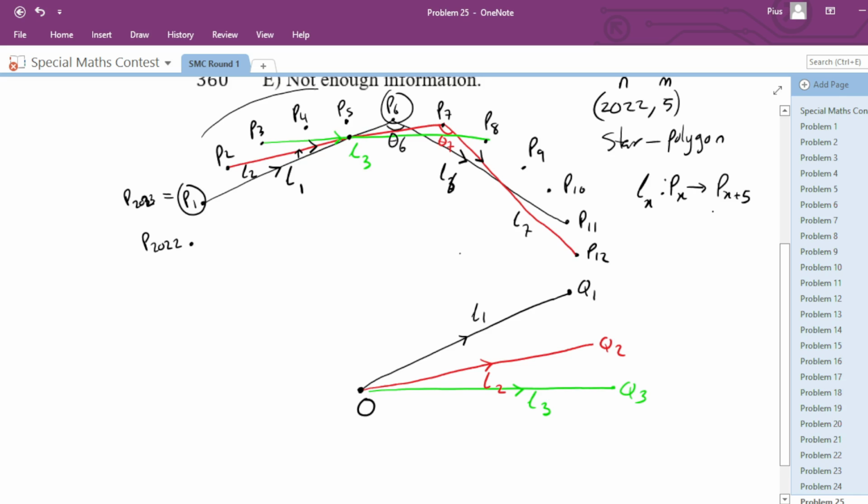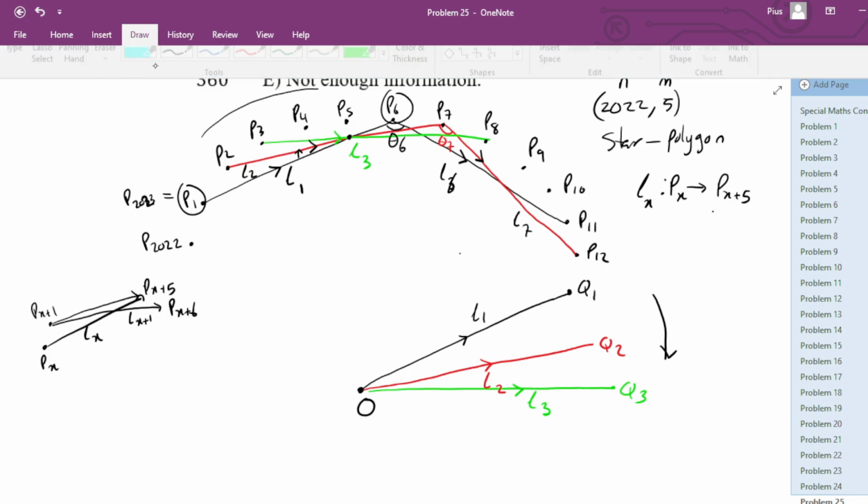So just briefly, let me quickly confirm why we expect them to be gradually going downwards. Let's say we have some Px going to Px plus 5. And then we also have the next one, Px plus 1, going to Px plus 6. Then if we connect Px plus 1 and Px plus 5, we see that that is going to have a slightly lower slope than Lx, but a higher slope than Lx plus 1.